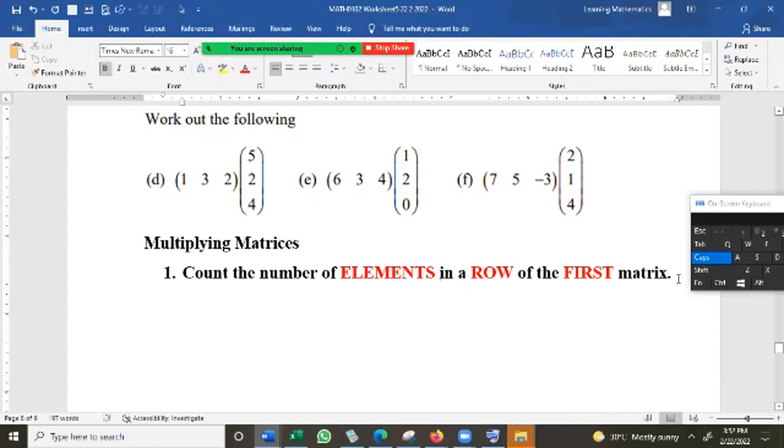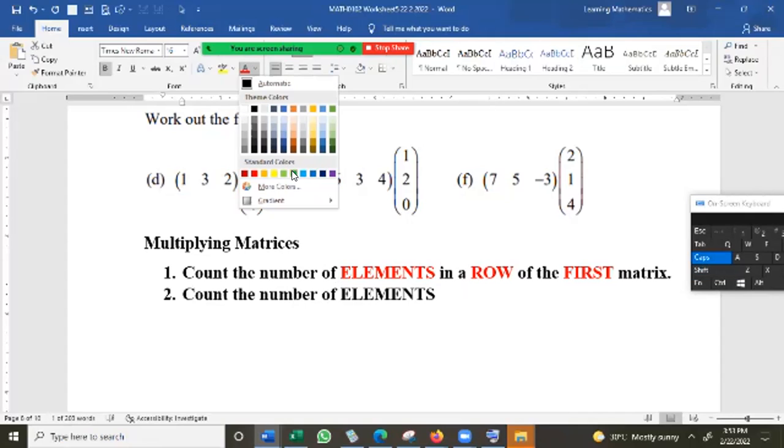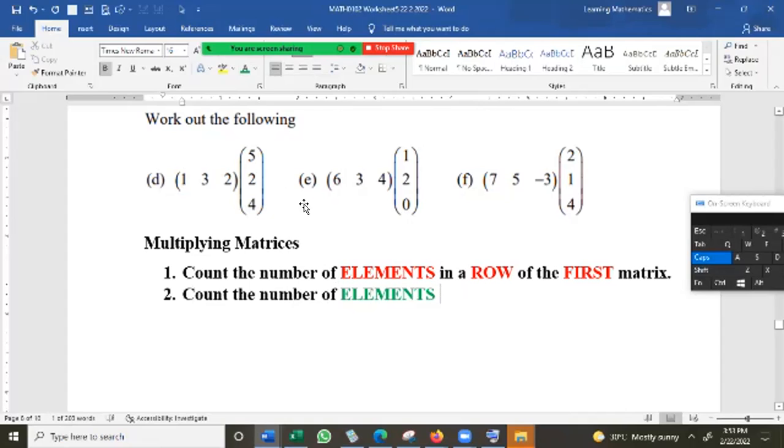The second thing you do is count the number of elements in the column of the second. One column is sufficient, because all the columns will have the same number of elements.